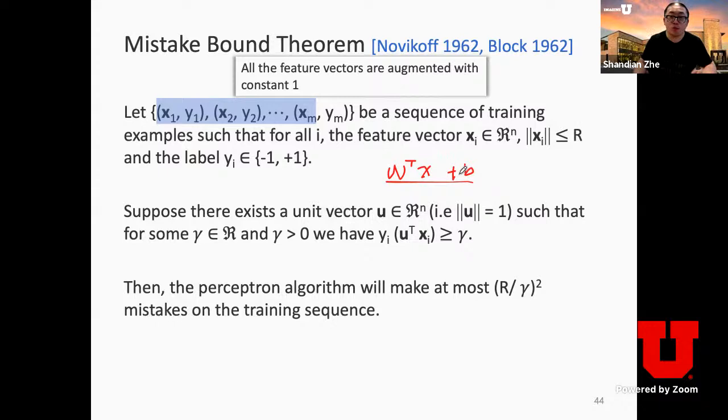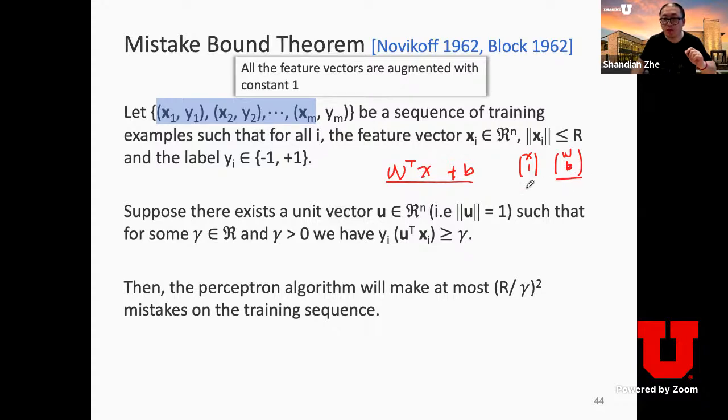So in practice, people often use another representation: I'm going to augment our feature vector with a constant feature 1, and then we append the bias parameter B to the weight vector.